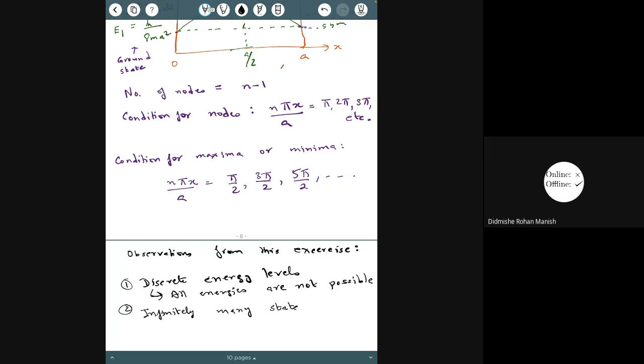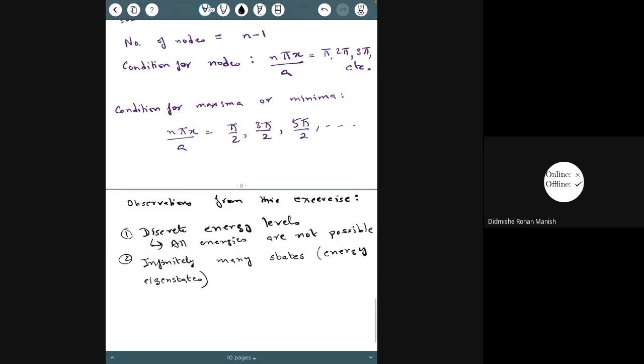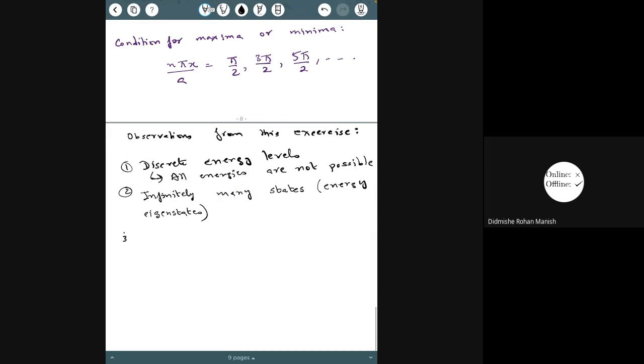And like I've mentioned before, when we talk about states and don't say what sort of state, they're basically energy eigenstates. The third thing that we saw was that they are alternately even and odd. The fourth thing that we saw is that the number of nodes is equal to n minus 1.